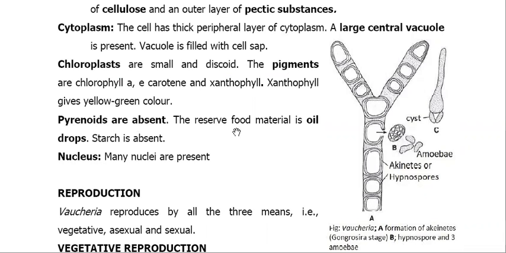Pyrenoids are absent. The reserved food material is oil droplets. Starch is absent. Many nuclei are present. As we have discussed previously, the thallus of Vaucheria consists of one type of cell, with no cross walls, that is, it is siphonaceous. Therefore, there is only one cell type.